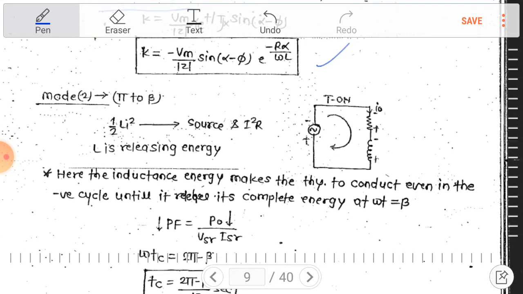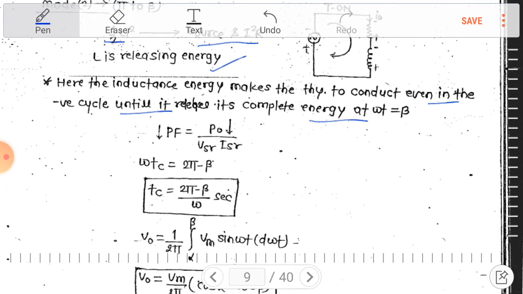Now in mode 2 from pi to beta, which is known as the extinction time, half L i square energy is discharged to the source and resistance. The inductor is releasing its energy. Here the inductance energy makes the thyristor conduct even in the negative cycle, until the energy is exhausted at omega t equal to beta, due to which the output power reduces and hence the power factor will reduce.